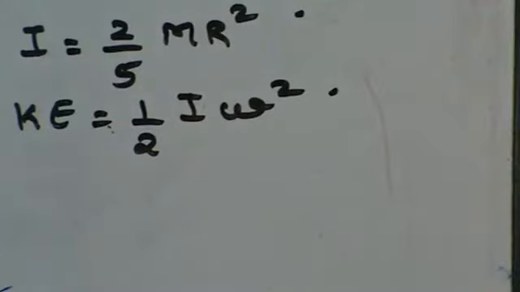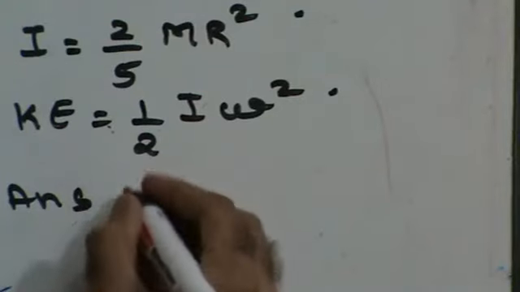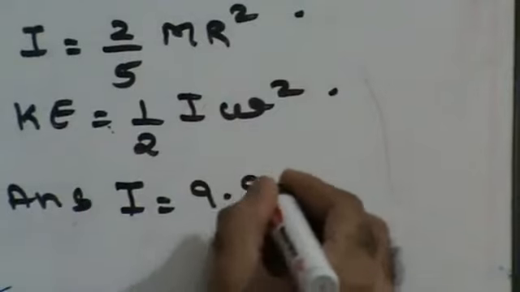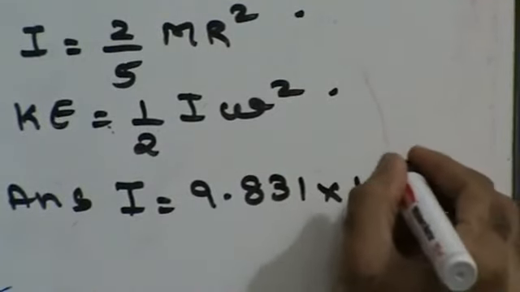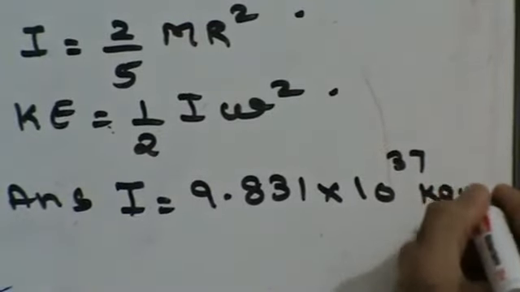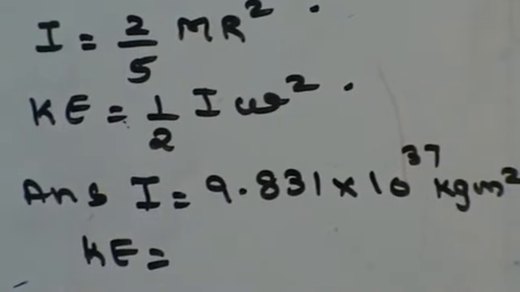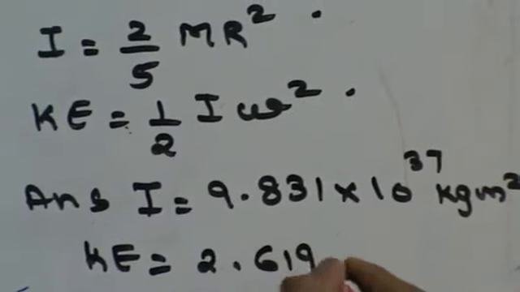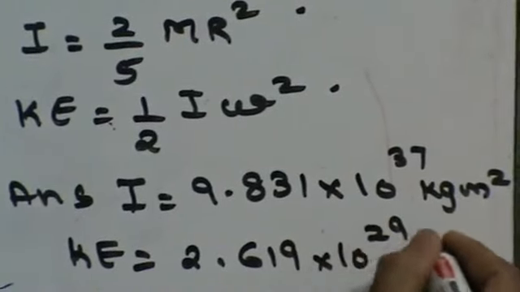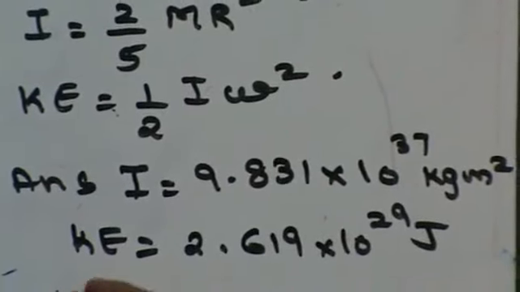The answer is that your moment of inertia is 9.831 into 10 raised to 37 kg meter square, and kinetic energy is 2.619 into 10 raised to 29 joules. Right? Next, take on next one, please.